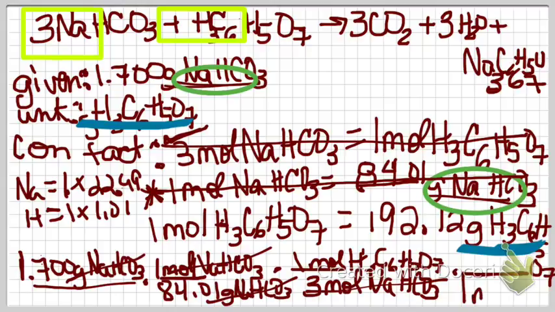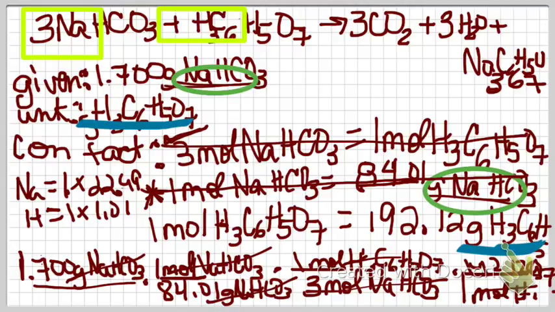So for every 1 mole of citric acid, I have 192.12 grams of citric acid. I ran out of room, but you can clearly see that's what I have.